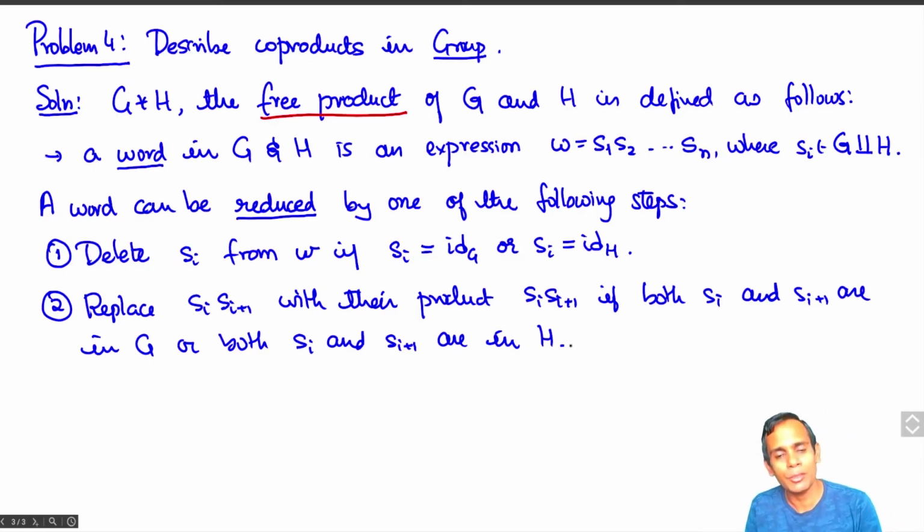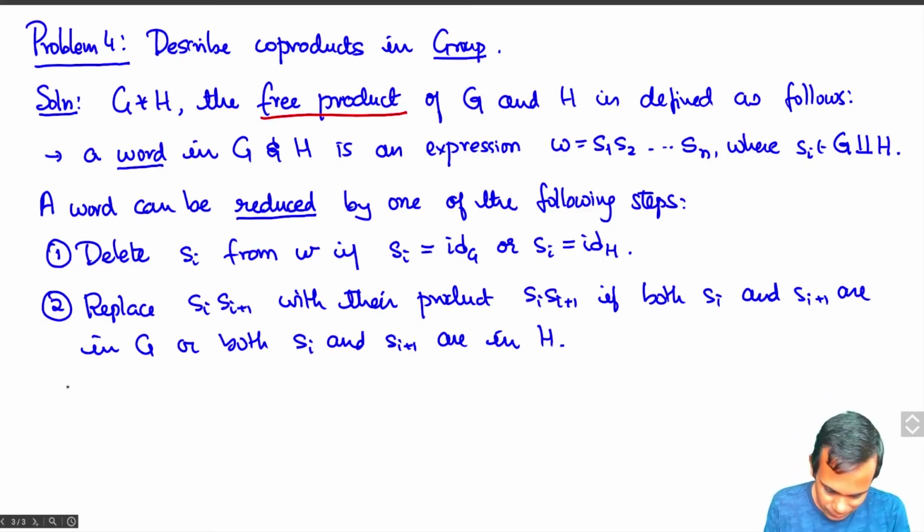Each time you reduce a word, its length goes down. And therefore, this process of reducing a word must stop after finitely many steps, leaving you with a word which can no longer be reduced. This might be a word with no letters at all, namely the empty word, or it could be a non-empty word which cannot be reduced.